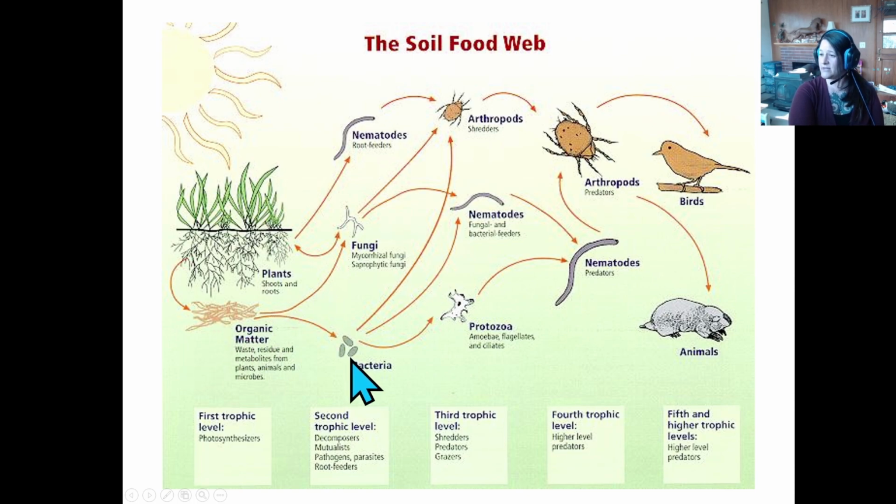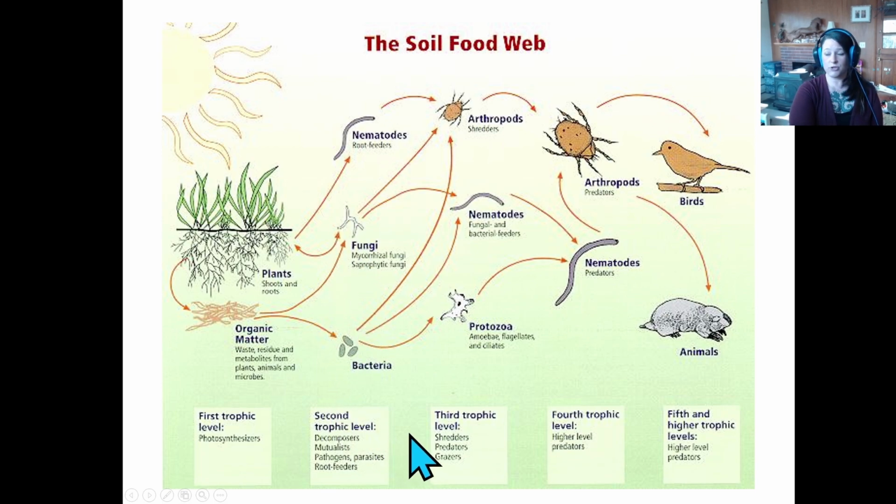Same with the bacteria here. The bacteria love organic matter, okay, so they're going to be feeding on all of this stuff too. And we have all different types of bacteria as well. And we're going to get into that in the second part of this PowerPoint, talking about identification and morphology. So we will be talking about that. So that's our second trophic level.